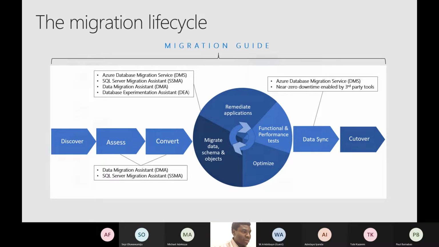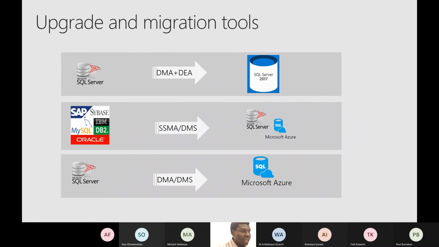Okay, so this is just talking about the different types of tools or methodologies used when carrying out database migration. The first scenario is we have a SQL Server residing on premises, and with the use of the Data Migration Assistant or the data evaluation assistant, you can move that information from your SQL Server to a higher version of SQL Server.